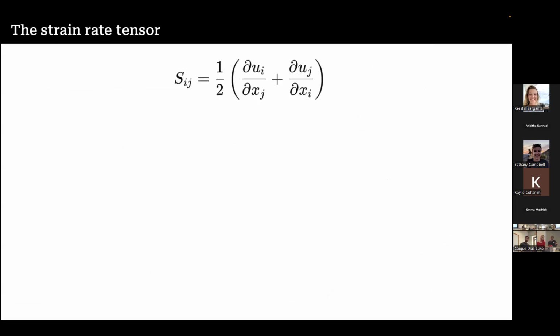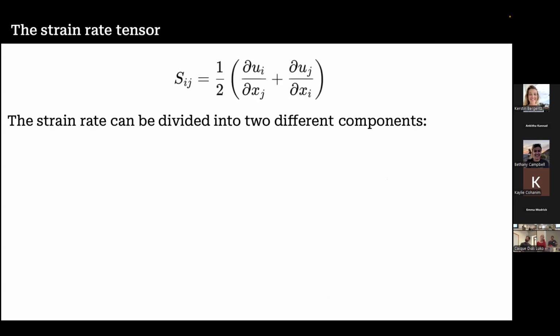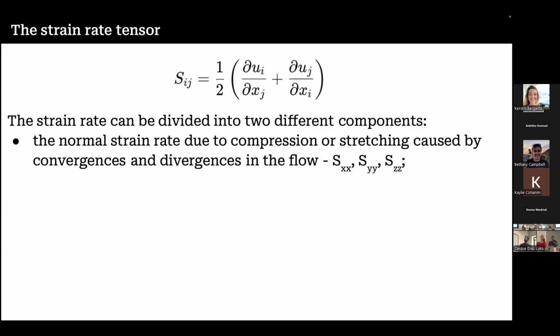And so this tensor, we can divide it into two different components. The first one is the normal strain rate, which is basically the component because of convergences and divergences. And these components are S_xx, S_yy, S_zz.